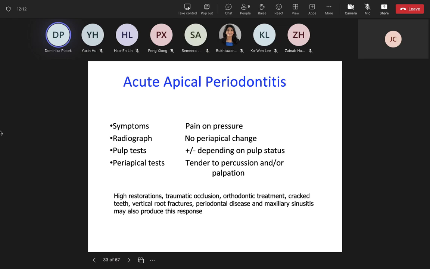We only ask the patient to bite or to close the mouth to check if they can feel something just during biting, and for sure they will feel something. If we are not sure which tooth it is, we can use a special instrument like a slooth, for example, to place between the upper and lower teeth and ask the patient to bite.